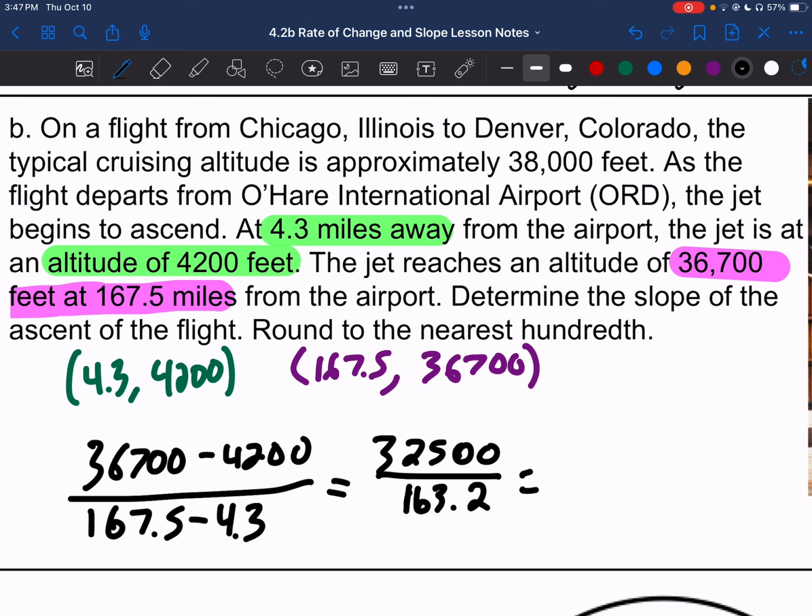And when I do that division, I get 199 point, I'm told to round to the nearest hundredth, 0.14 feet per mile. So what this means is for every mile you go away from the airport, you are going up 199.14 feet on average, right?